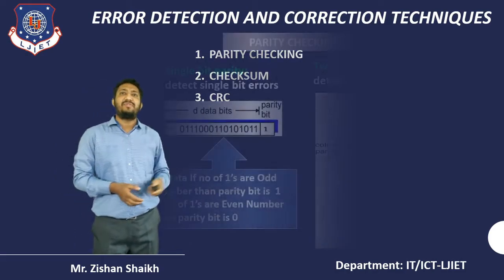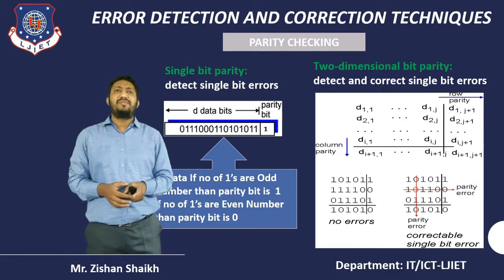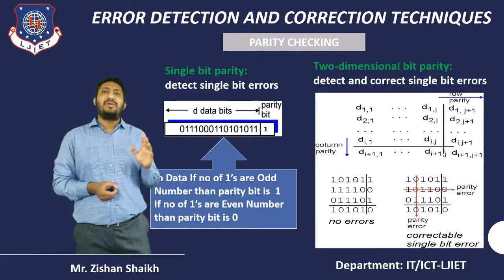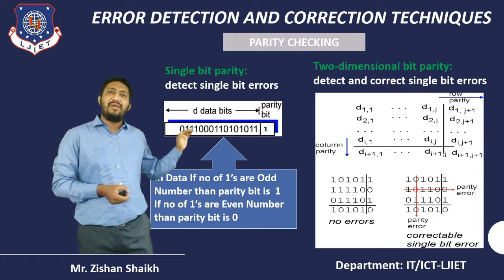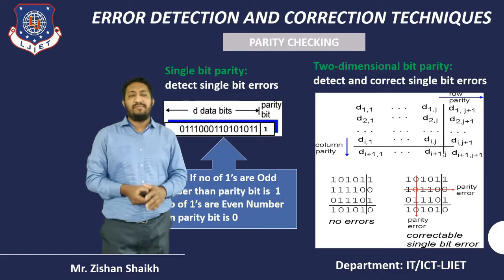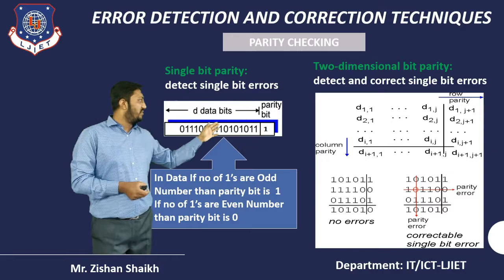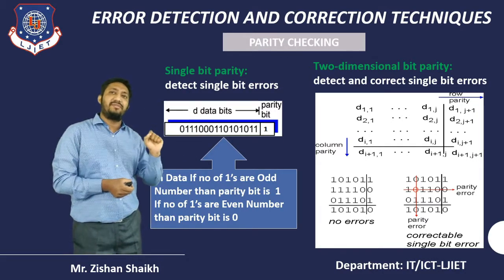So let's start with the first one, parity checking. It is a very simple method that counts the parity of the number of one bits in our set of data items. In a given data item such as 101010, we have to count the number of ones.